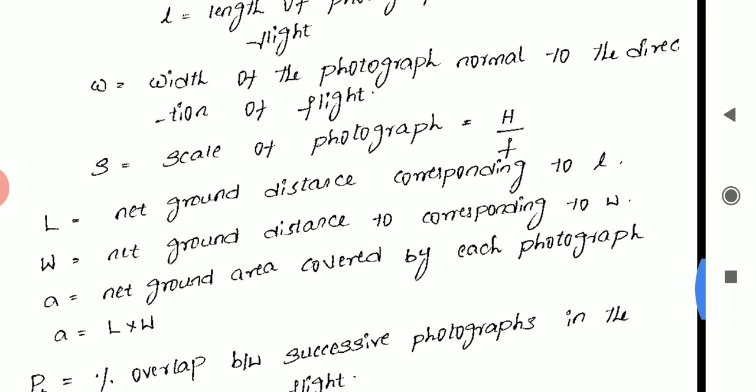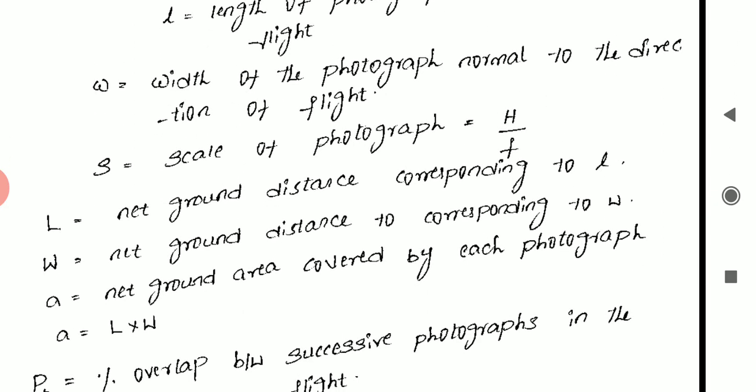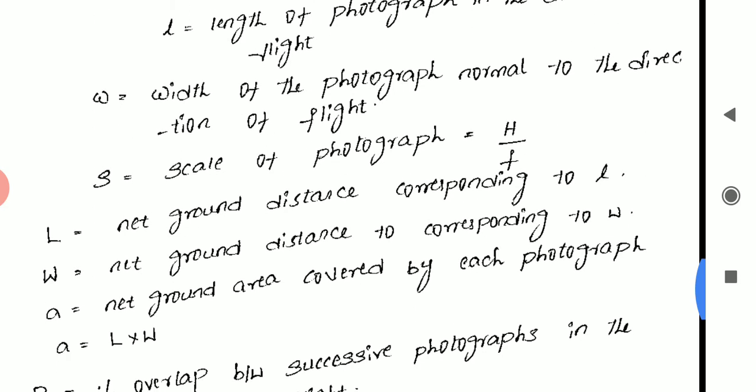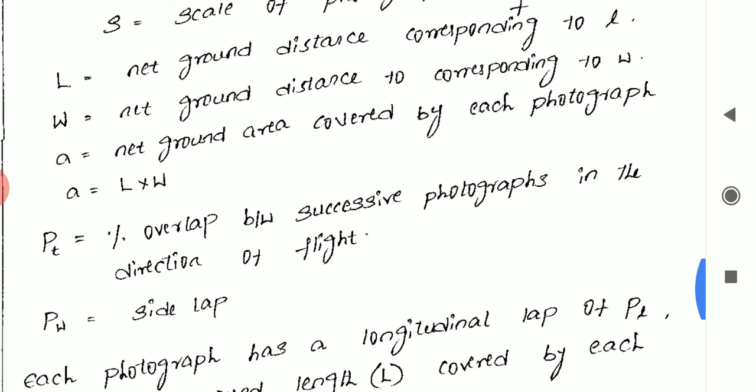Next, l is the net ground distance corresponding to L, and w is the net ground distance corresponding to W. a is the net ground area covered by each photograph, which is length times width. PL is the percentage overlap between successive photographs in the direction of flight, and PW is the side lap.